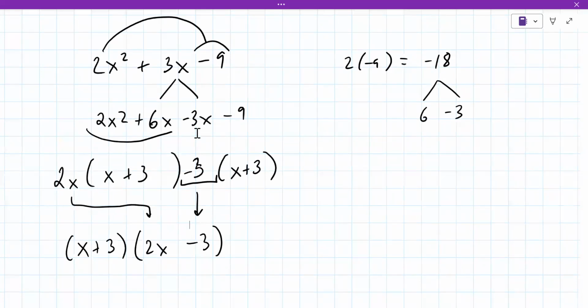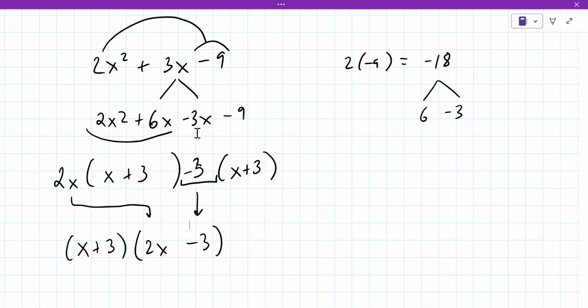So that one is factor by grouping. The original problem was 2x squared plus 6x minus 3x minus 1. And then we want to break them up first.